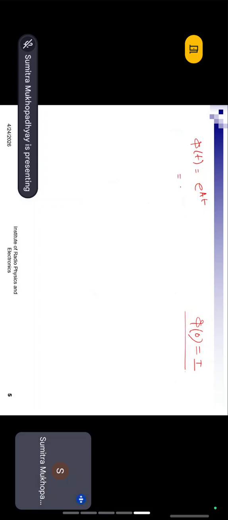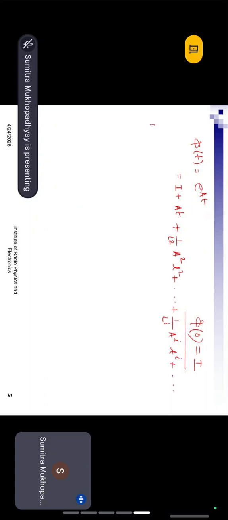Now this is equal to I plus At plus 1 by factorial 2 A squared t squared plus, and so on, 1 by factorial i A to the power i t to the power i, and will go on.